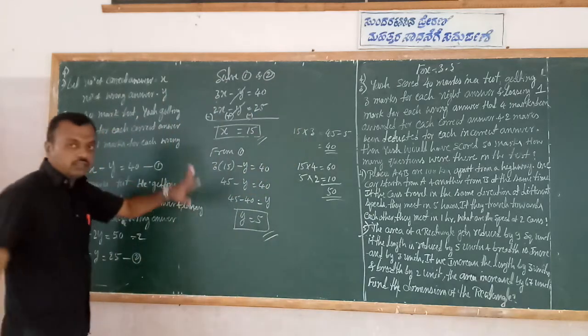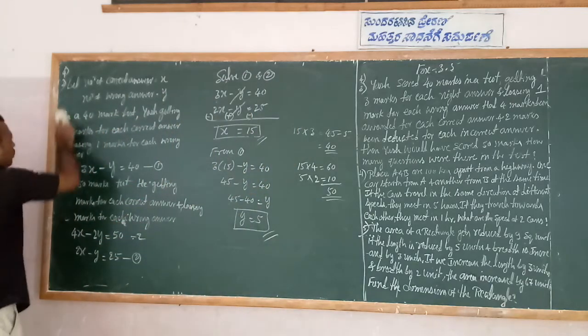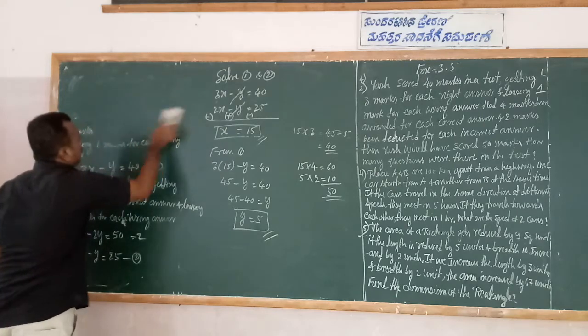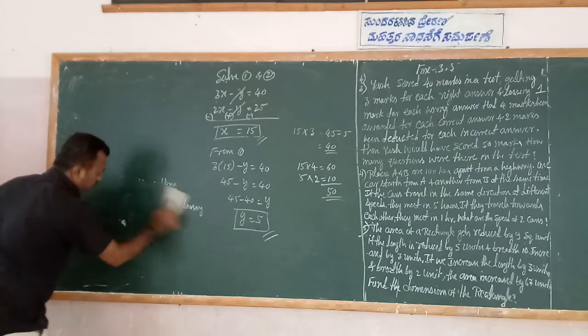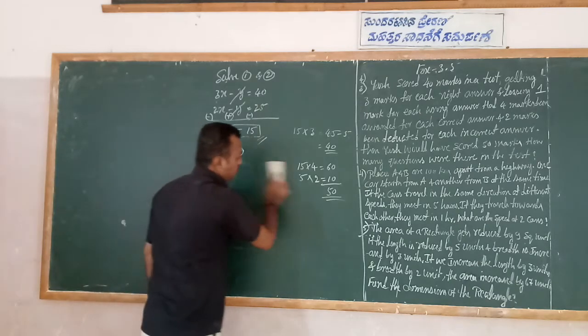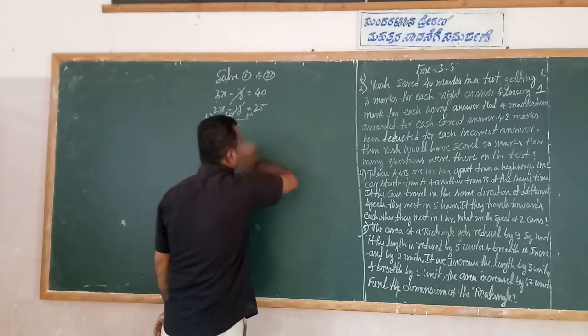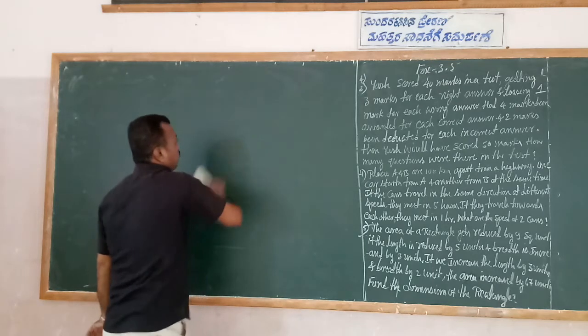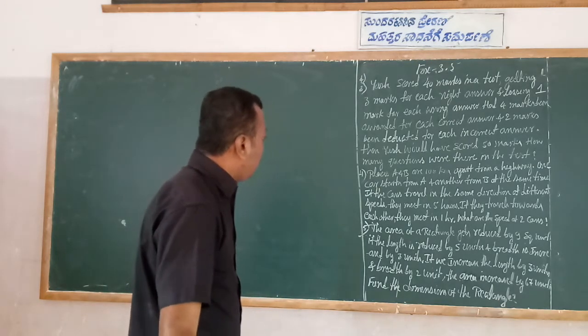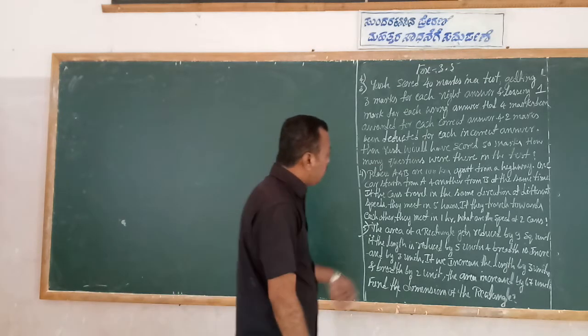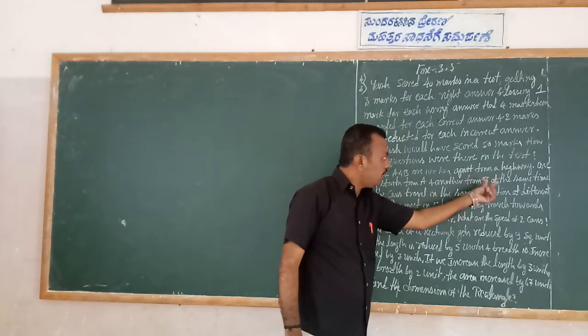Did you understand this question? Okay. It's a very important question. The next question. Places A and B are 100 km apart on a highway.